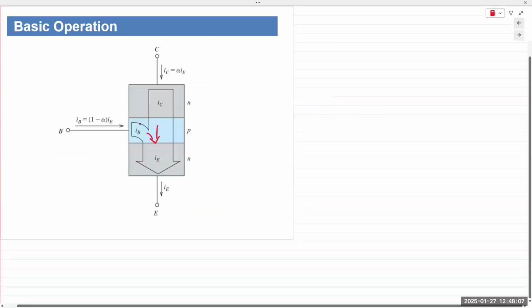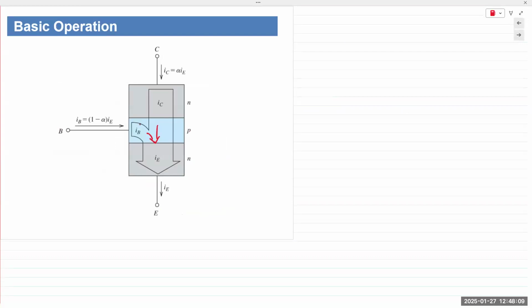Also, IB is far smaller. This is not to scale. Okay, IB is typically very small. So if I was drawing a true diagram to scale, it would be 1,000 order difference in magnitude.